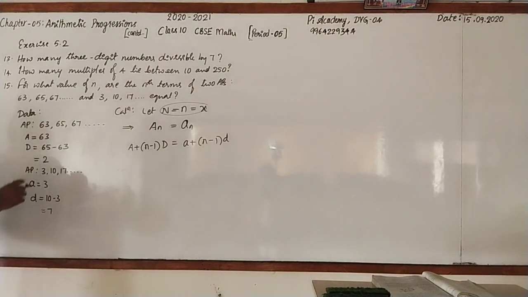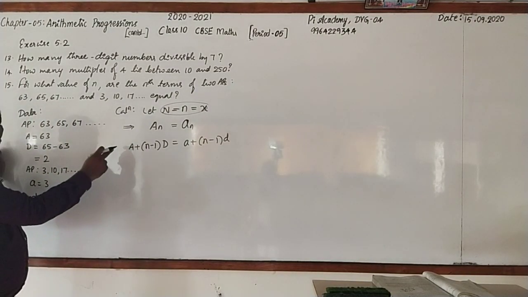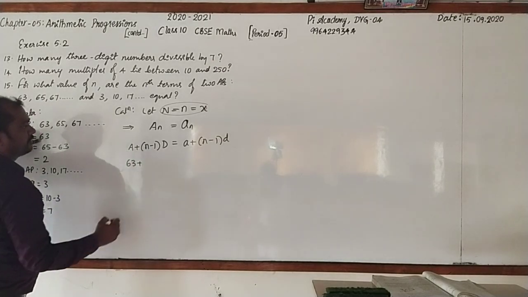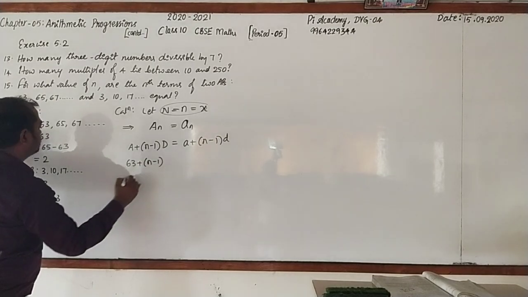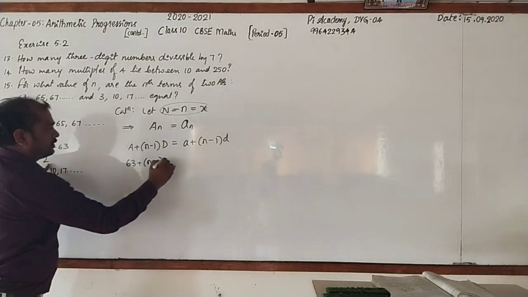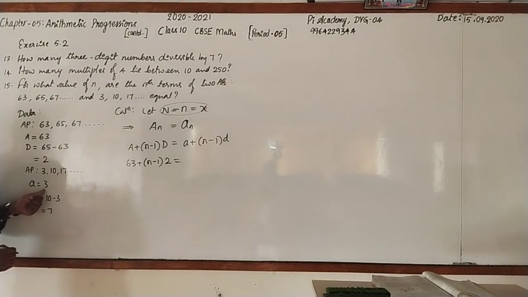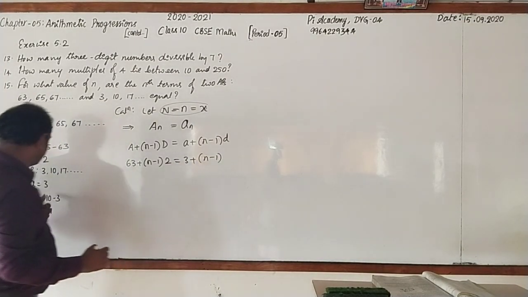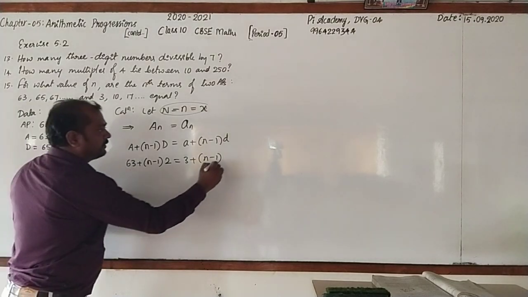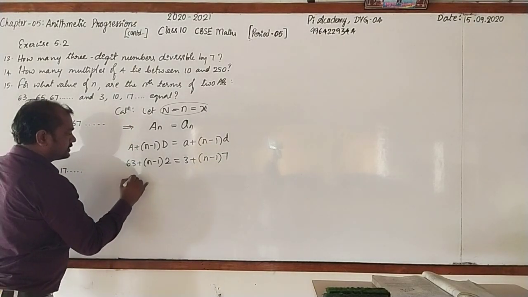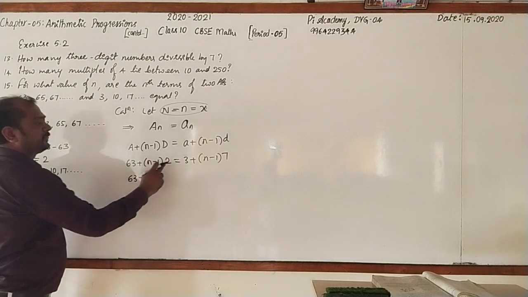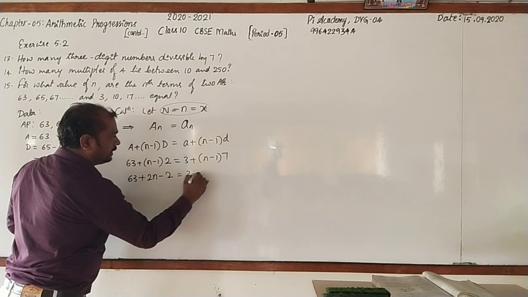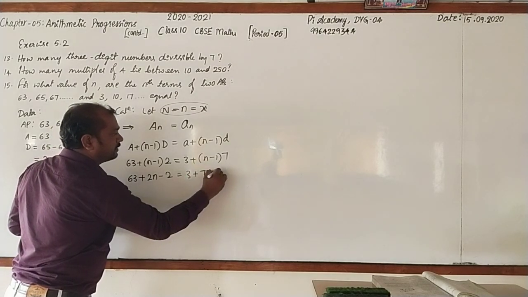Next, let's go for substitution. Capital A is 63 plus n minus 1 into capital D, this is 2. Small a is 3 plus n minus 1 into d is 7. Now this is 63 plus 2n minus 2, 3 plus 7n minus 7.